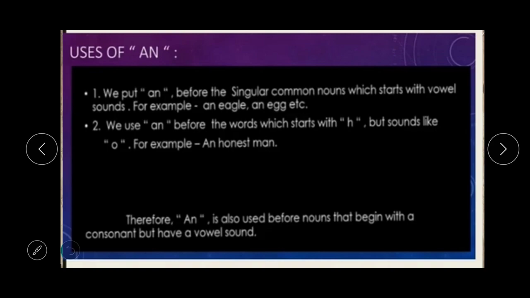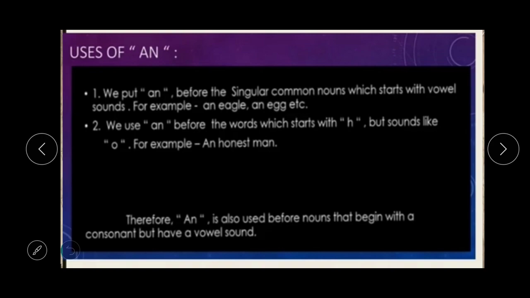You can see that the pronunciation of the letter h is like huh, but here in honest, it is not pronounced like huh, but instead it is pronounced as o. There is an exception in the pronunciation of the letter h. That's why we will put an before the word honest, even though it starts with a consonant letter. So from these two uses we have got the idea that an is also used before a noun that begins with a consonant letter but has a vowel sound.